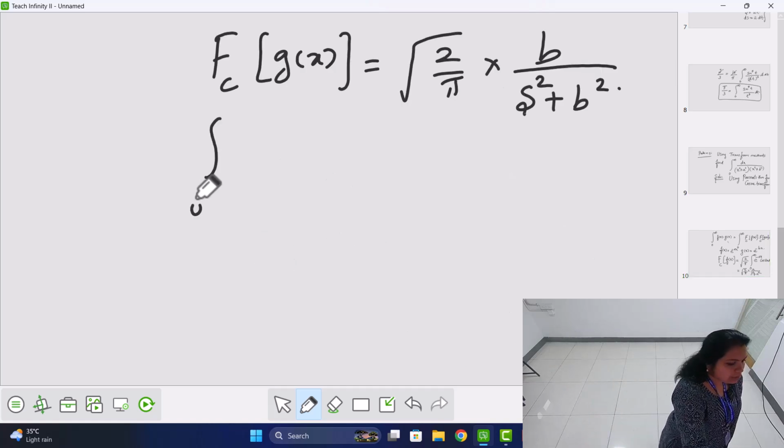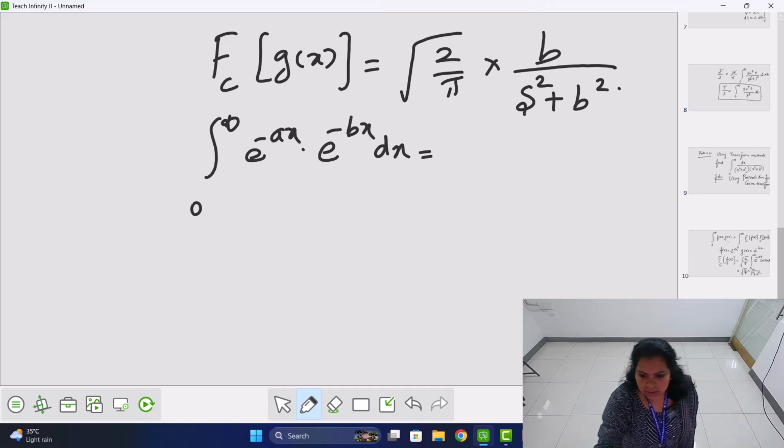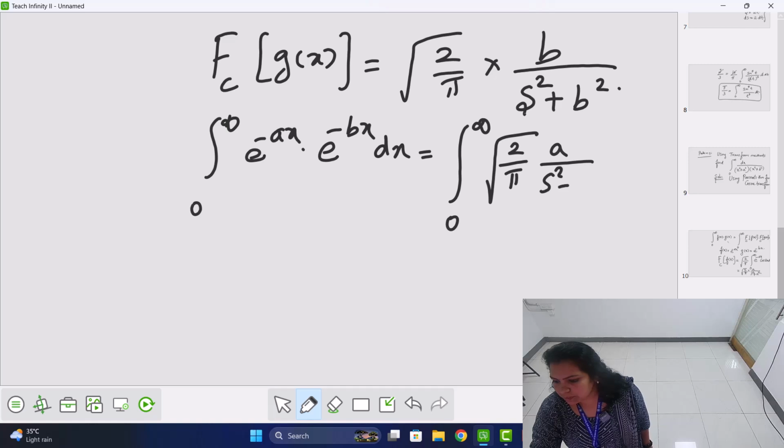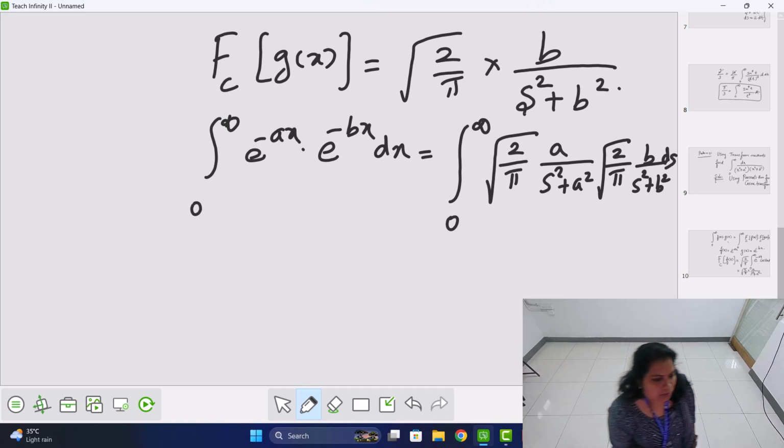Integral 0 to infinity e power minus ax e power minus bx dx is equal to integral 0 to infinity root of 2 by pi a by s square plus a square, root of 2 by pi b by s square plus b square ds. Okay.